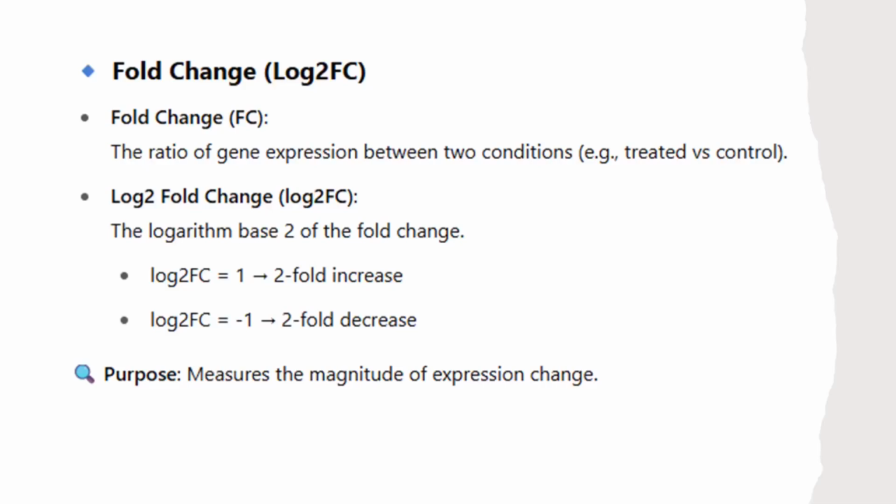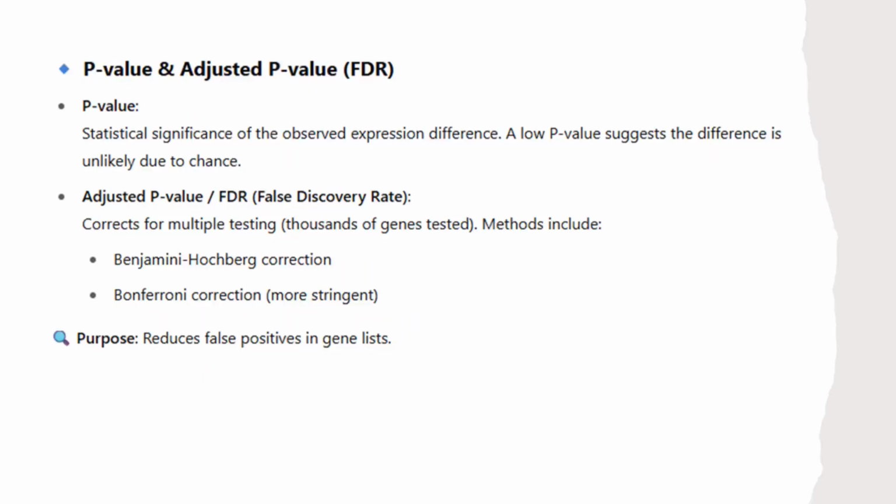Third one is the p-value, or adjusted p-value. P-value indicates whether the observed expression difference is statistically significant. However, with thousands of genes tested, multiple comparisons can lead to false positives. This is where the adjusted p-value or false discovery rate comes in.